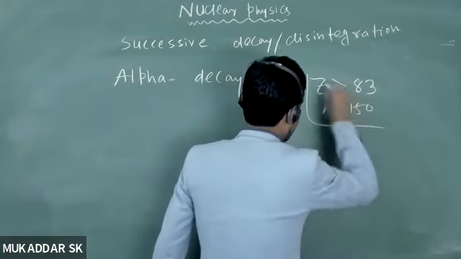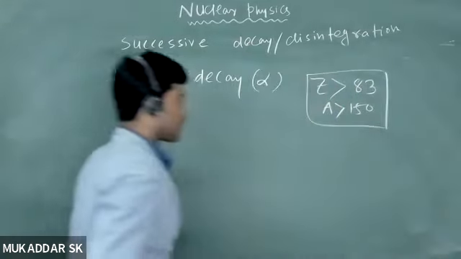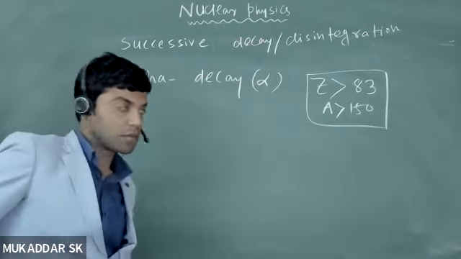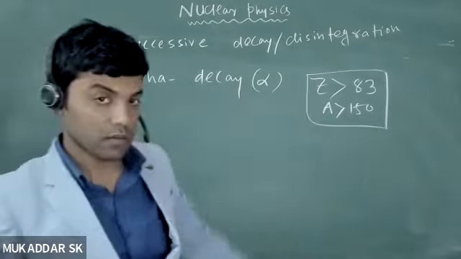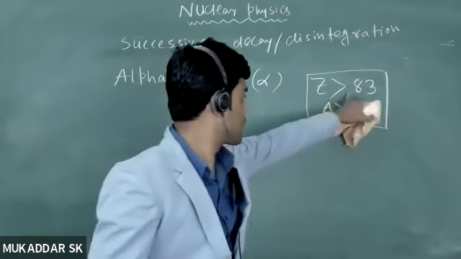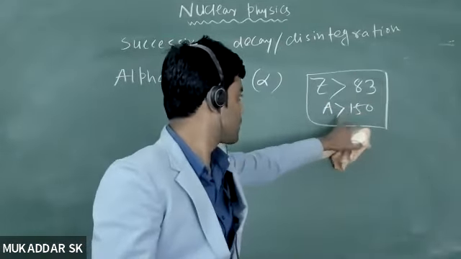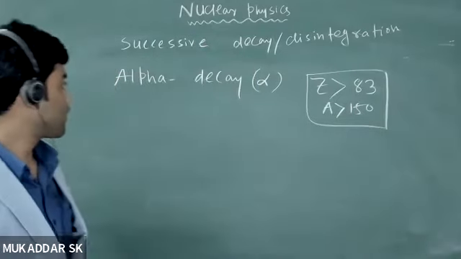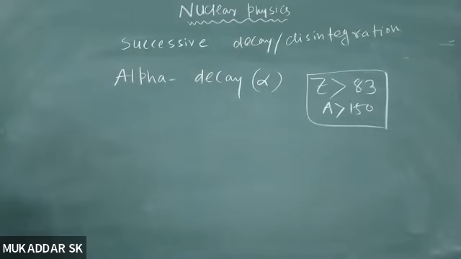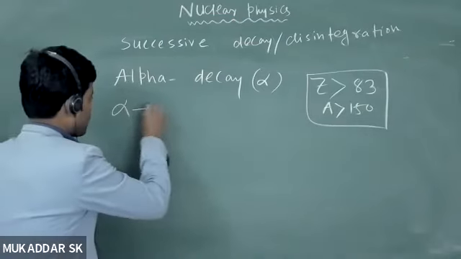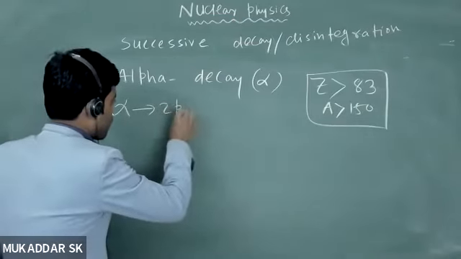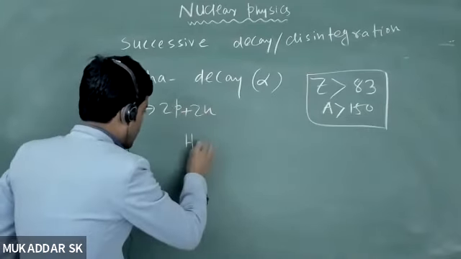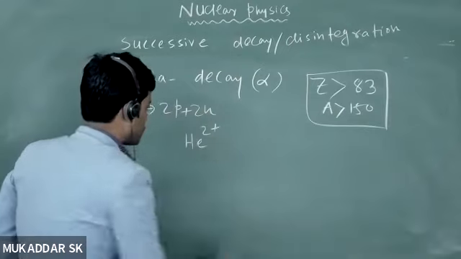If the parent nucleus has a bigger size, meaning large mass number and atomic number, with the condition that Z is greater than 83 and mass number is greater than 150, then it can undergo alpha decay. I know what an alpha particle is, right? Alpha is nothing but 2 protons and 2 neutrons, and I can say doubly ionized helium also.